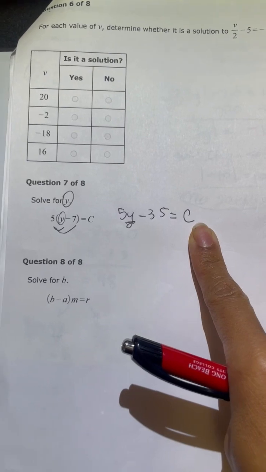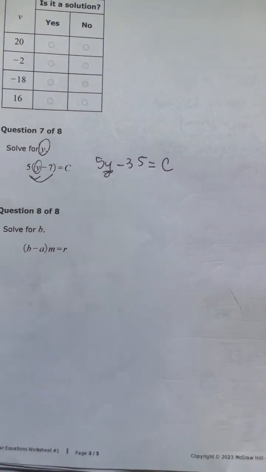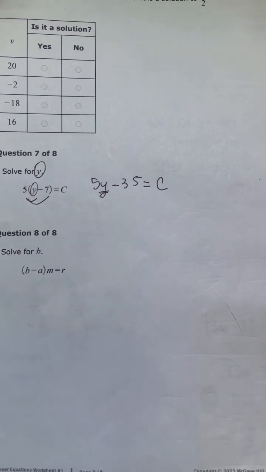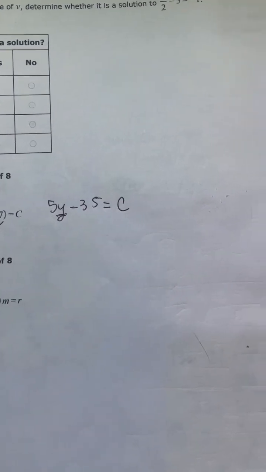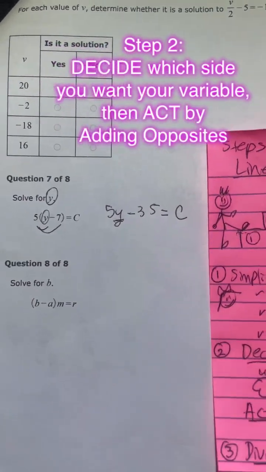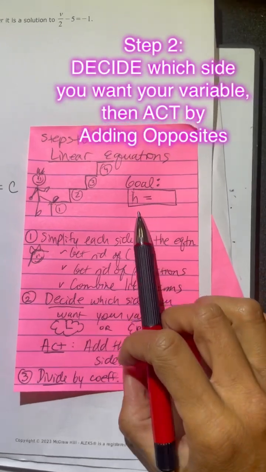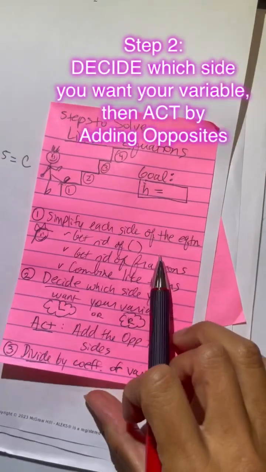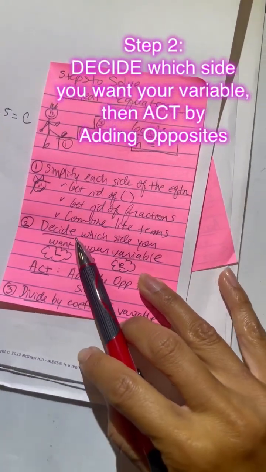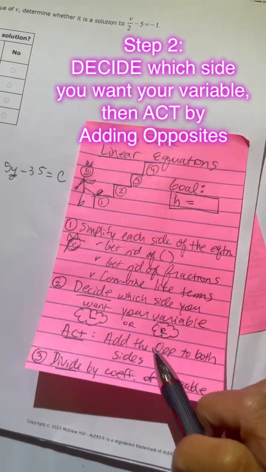Step 2. What is step 2? So yes, the step is add 35, but why am I doing that? So remember step 2. As I was walking around watching you guys do your stuff, I kept reminding you guys of the steps, right? This is what you want to memorize. The second step is: decide which side you want your variable.